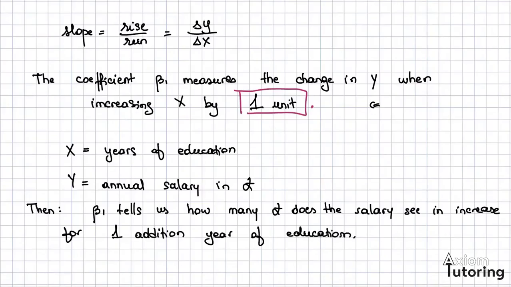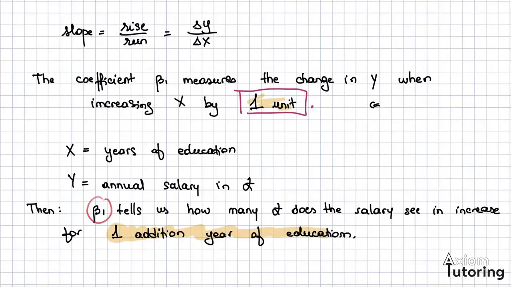Okay, so again, 1 unit, and we've given context because here x is years of education, so it is 1 additional year of education. And the increase that we're going to see in y is exactly this beta 1. Okay, this is the intuition.